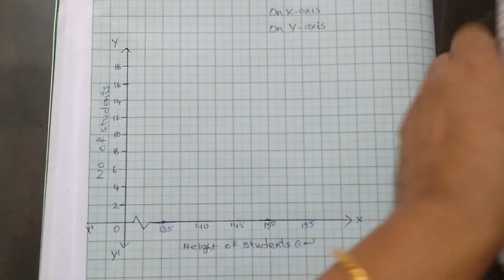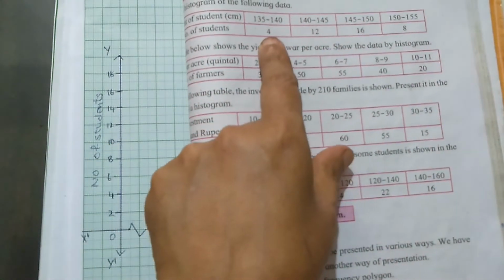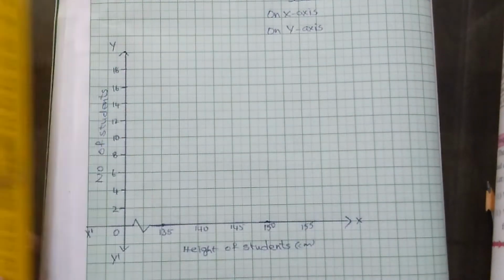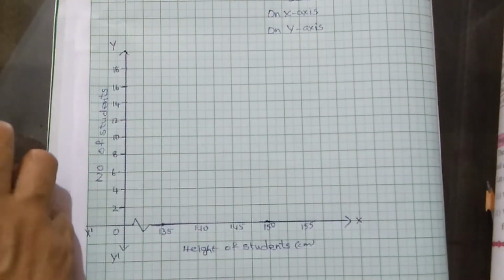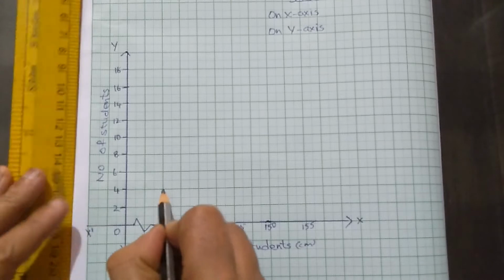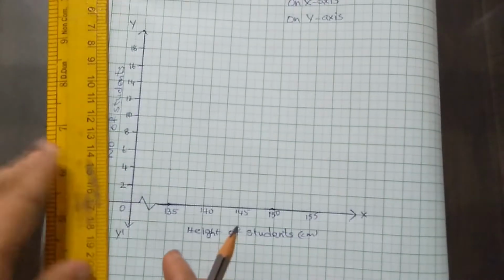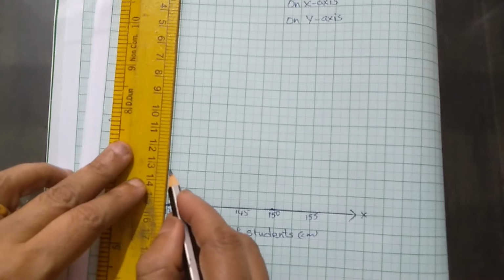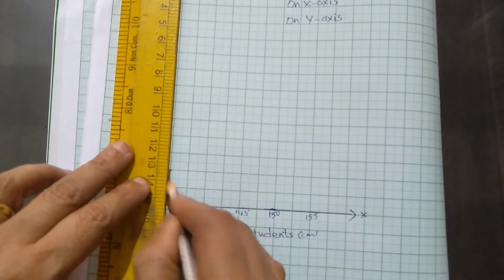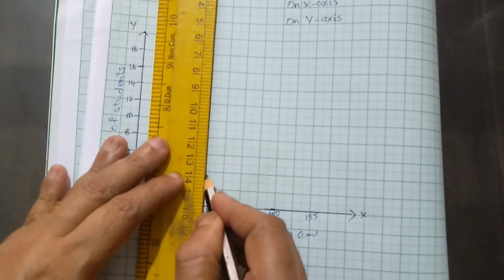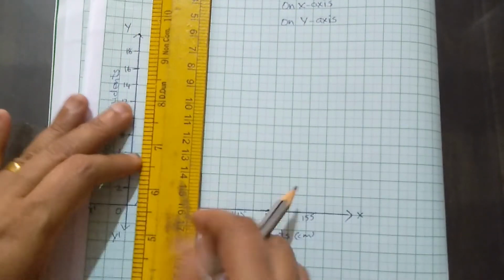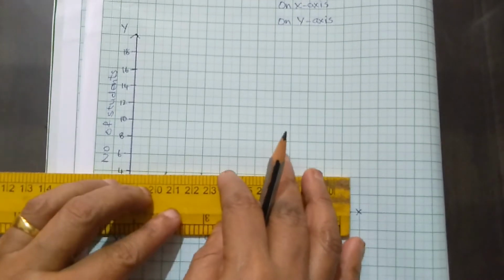Now the first one, they have given how much? 135 to 140 centimeter is what? Frequency 4. So number of students is how much? 4. So till 4 you will draw the bar, 4 is here, and join it.